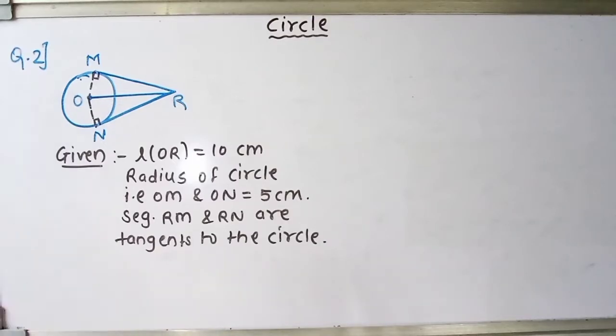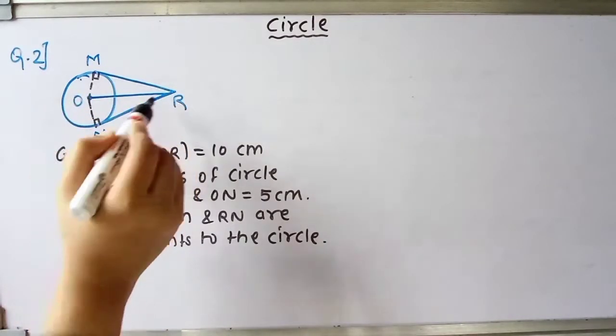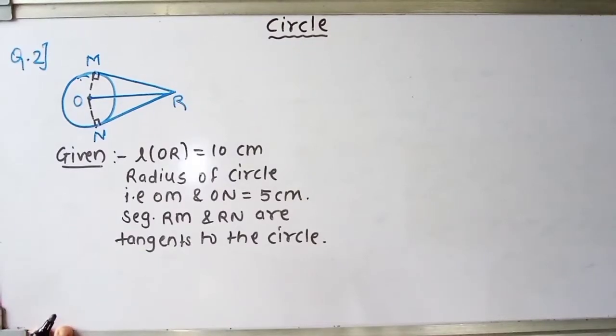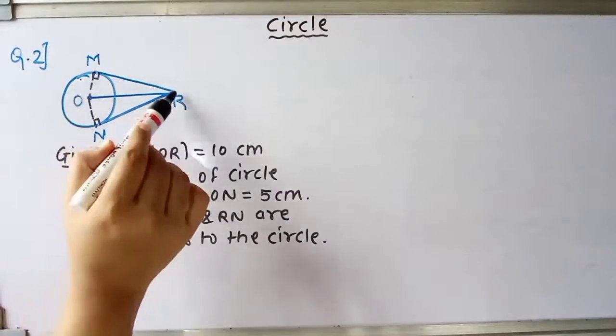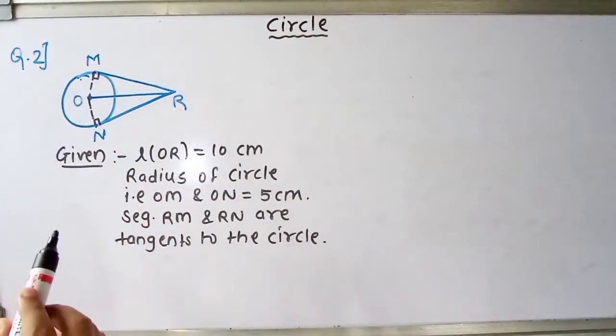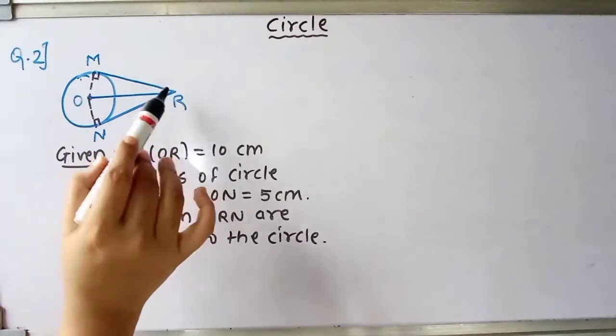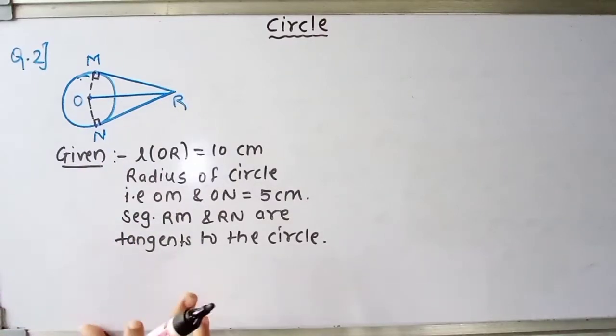We have to find the length of RM and RN. Also, what is the measure of angle MRO? And what is the measure of angle MRN? That's what we have to find here.